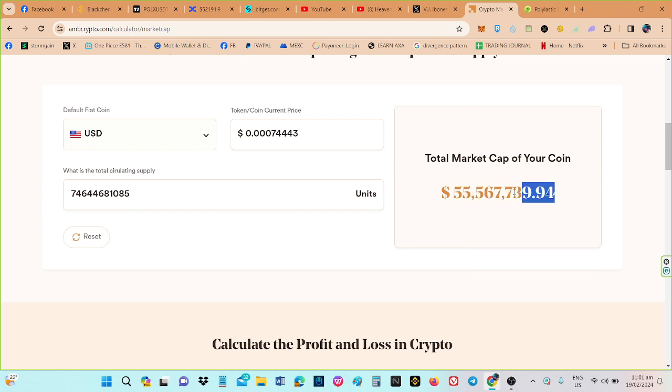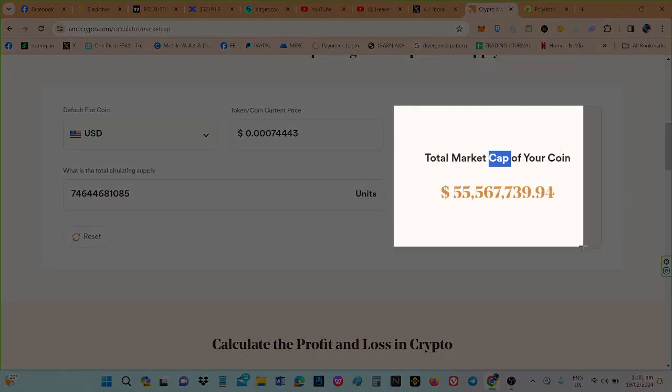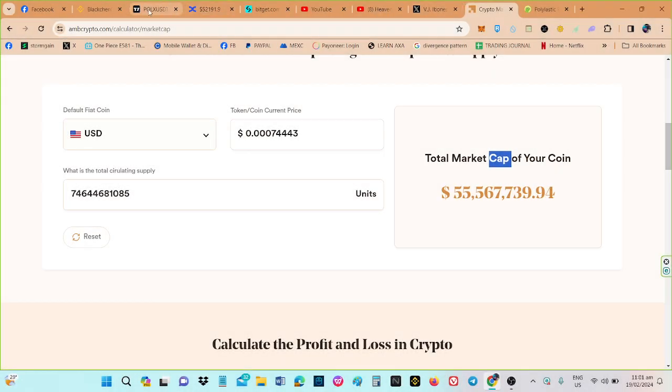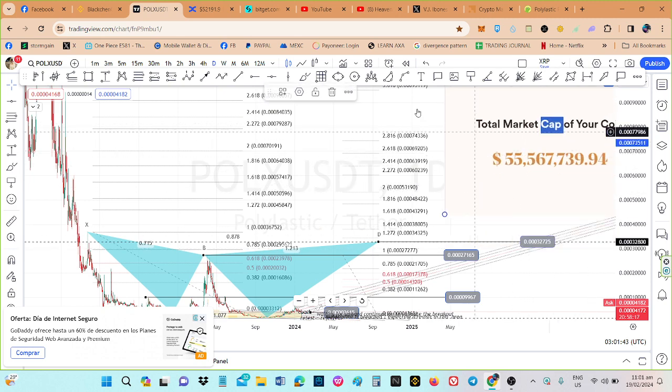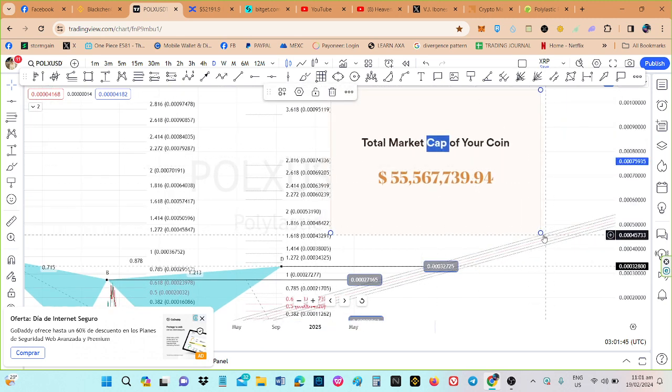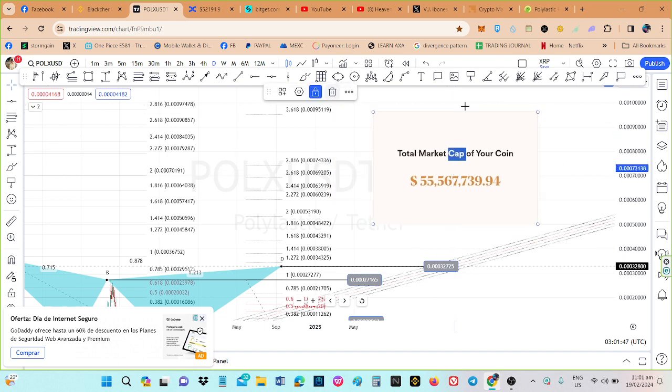Let's try to copy this one, and let's lock this.